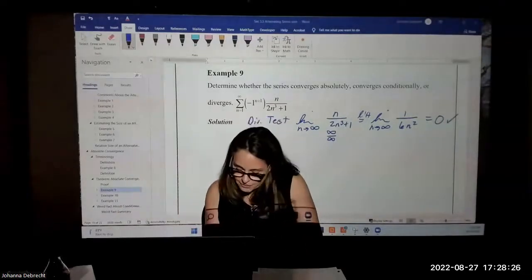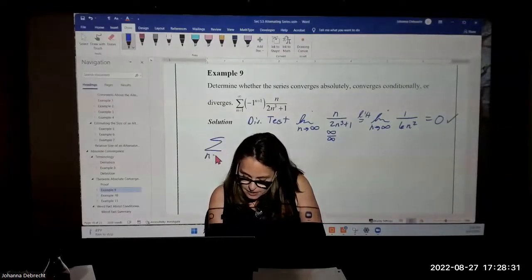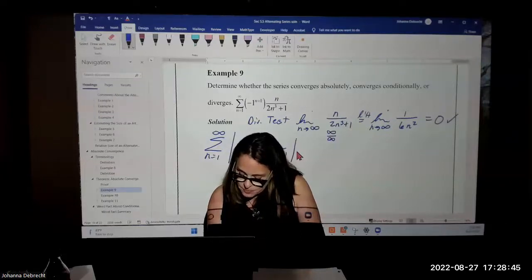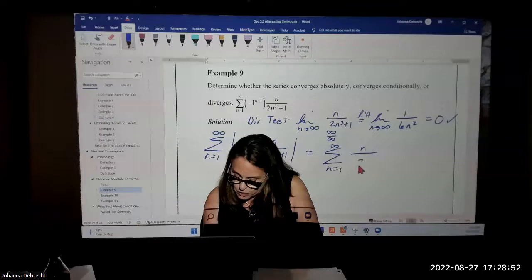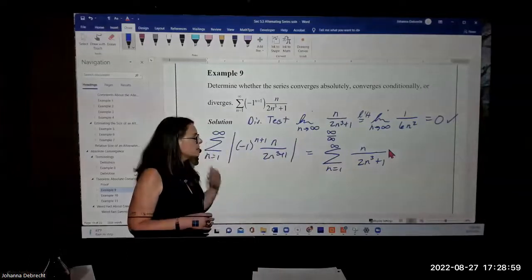So we're going to take the absolute value of the summand, and this is going to give us the series from 1 to infinity of the absolute value of -1 to the n plus 1 times n over 2n cubed plus 1, which of course is just going to give us the series from n equal 1 to infinity of n over 2n cubed plus 1. So our new summand is n over 2n cubed plus 1.